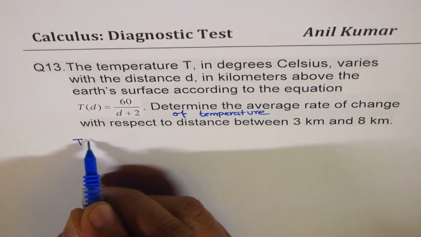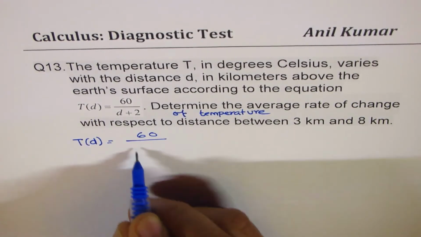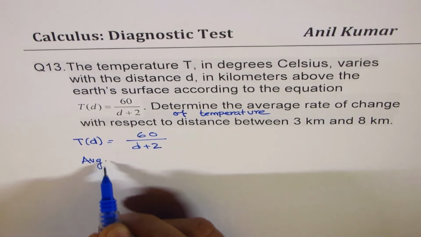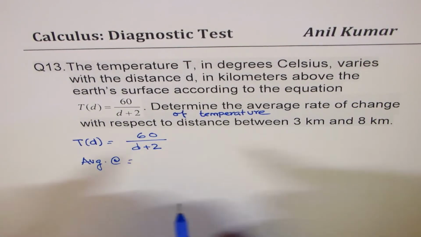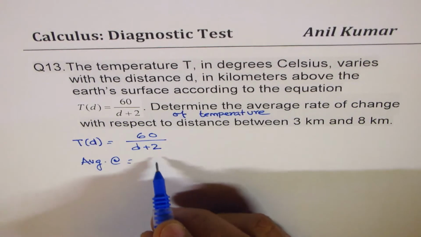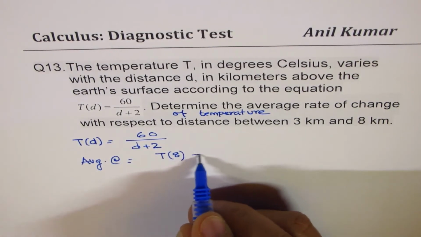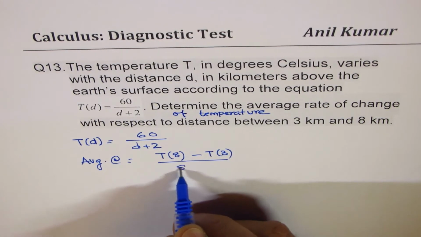So we are given that temperature is a function of distance, which is 60 divided by d plus 2. Now what is average rate of change? Average rate of change between the two distances, which is 8 and 3, should be the temperature at 8 kilometers minus the temperature at 3 divided by 8 minus 3, correct?